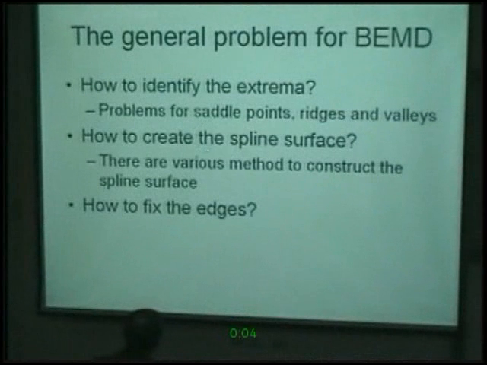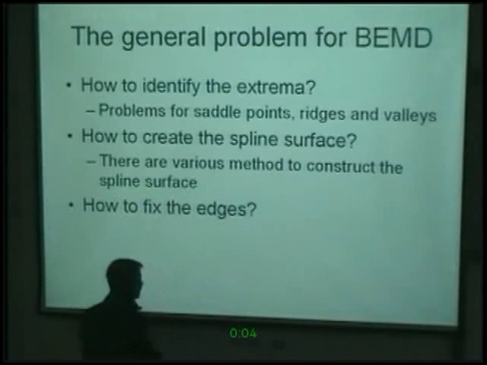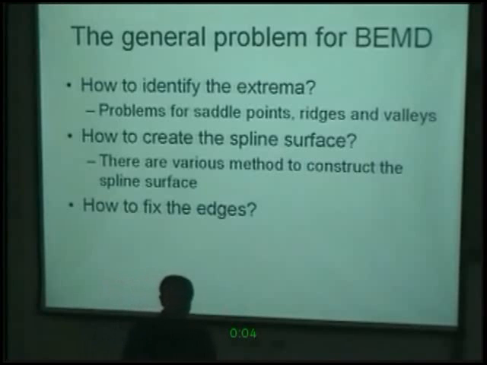The second one is less serious. It's how to find a spline surface going through all the extrema. It's not trivial. It's very computationally expensive. The final thing is also technical: how to fix the edge.